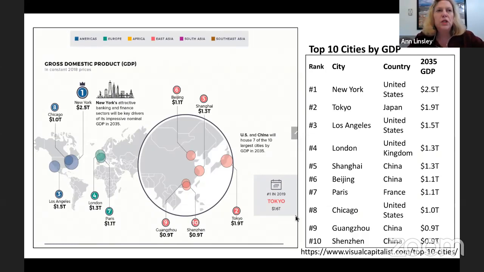So in this very first one here, this is looking at the top 10 cities by projected GDP. Now, keep in mind, cities are the engine of the modern economy. That means that not only do over half of the world's population now live in urban areas, but those main cities are also driving our global economy, and they are driving it in ways that we have yet to even measure.